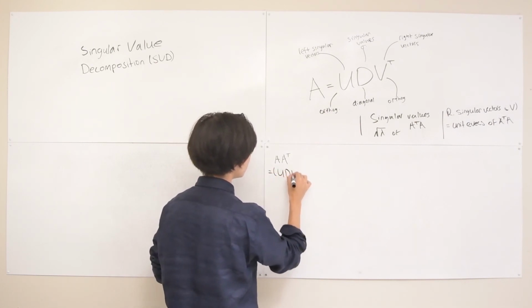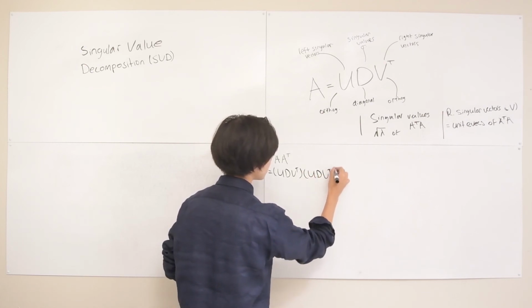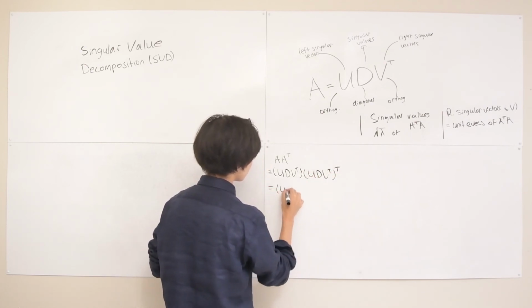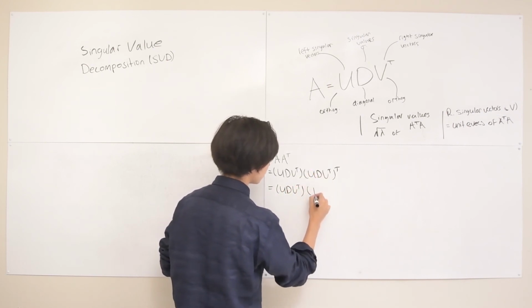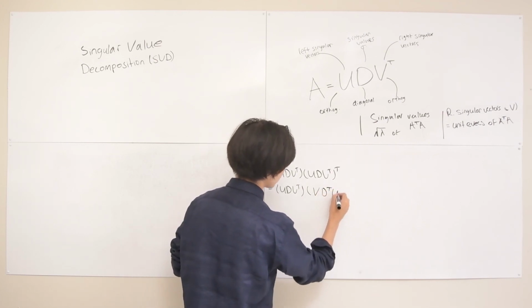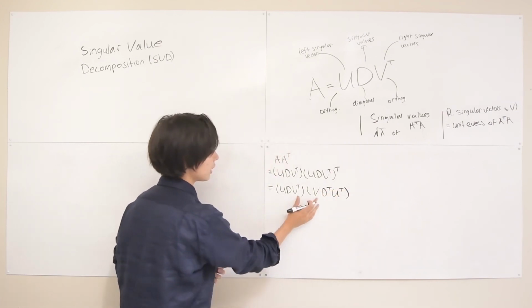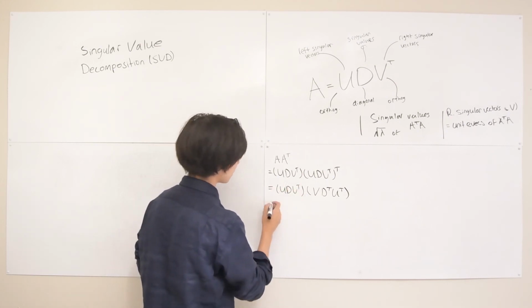So we're going to get some UDV transpose, and then some UDV transpose again, but this is transposed. And then this stays the same on the left here. And then we flip this and transpose it, so we're going to get some V transpose transpose, which is just V, and then we're going to get D transpose U transpose. So now we realize in the middle that this is an orthogonal matrix multiplication, so this just becomes the identity.